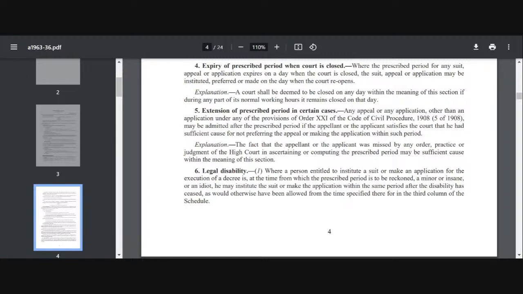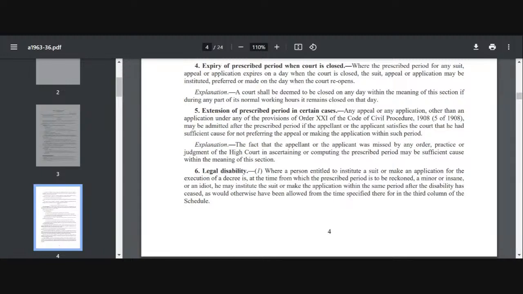So if you see section 5, extension of prescribed period in certain cases. Okay, suppose today the court was open, everything was fine, yet you did not file the suit, and now you are coming to the court telling that sir, please take my suit, please condone my delay. Will the court allow that? Section 5 says yes, it will allow if you have a sufficient cause.